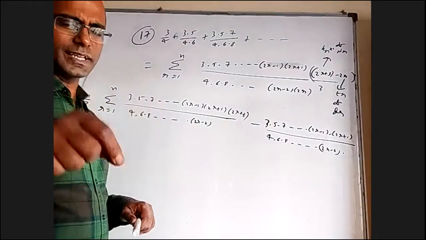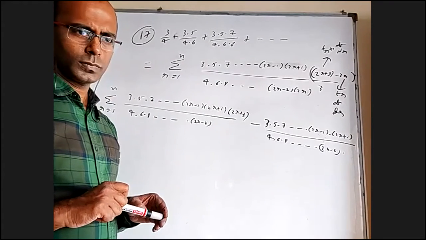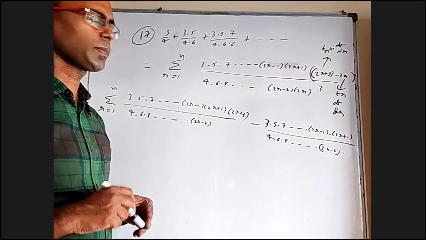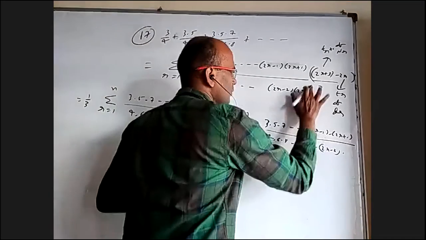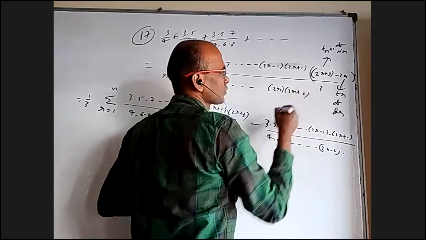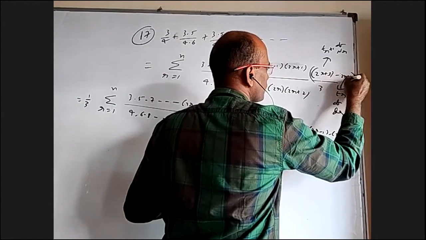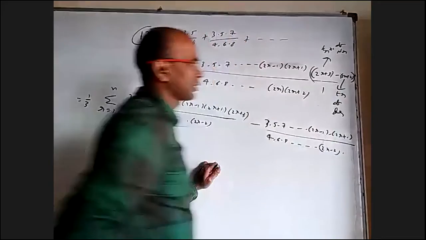If you take the 4, 6, 8 AP, what is the nth term? 2r plus 2. Okay. Sorry. This is 2r and this is 2r plus 2. Sorry about that. So this will be 2r plus 2, and this will be 1 now, so nothing to write.